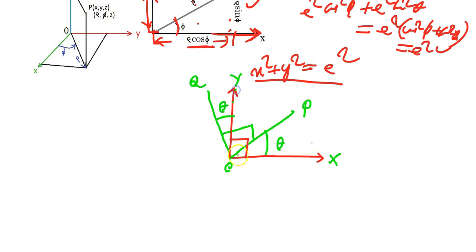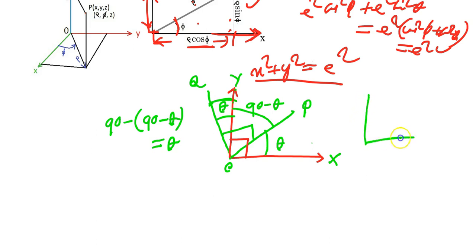This angle is 90 minus theta, so this angle will be theta, as I have marked. So whenever you see both pairs perpendicular, this is perpendicular and this is perpendicular, this angle phi is equal to this angle.